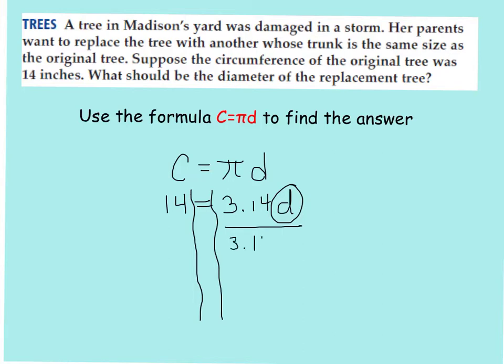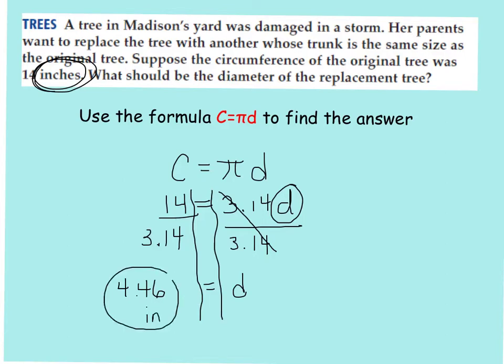Divide both sides by 3.14. Remember our 3.14s then cancel out. So our diameter is equal to 4.46, and that's a rounded answer. 4.46, what are my units on this? It looks like our problem says that it was in inches, so our diameter would be 4.46 inches.